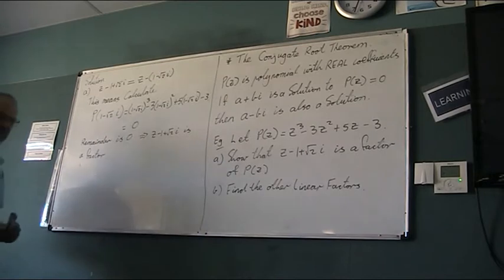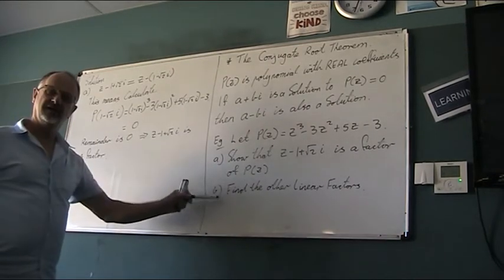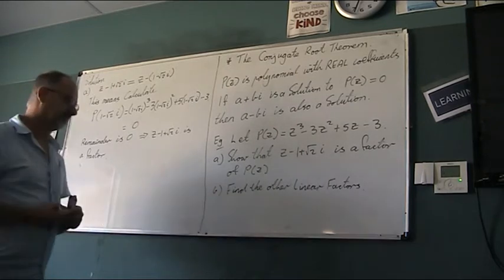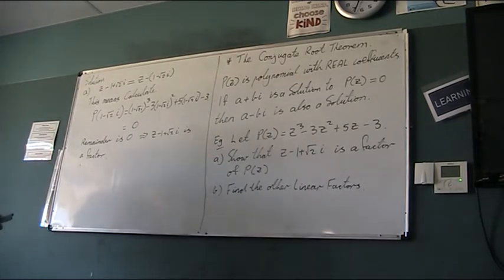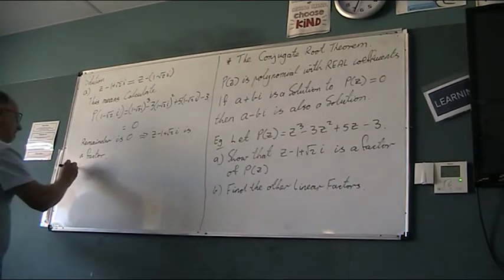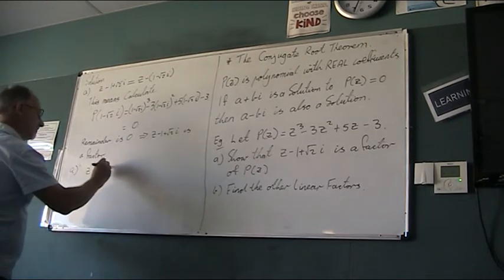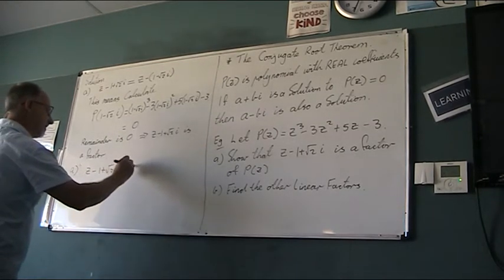Bingo. And that's what's going to help us over here with this one. So, as has been said, find the other linear factors. So we know that z minus 1 plus root 2i is a factor.